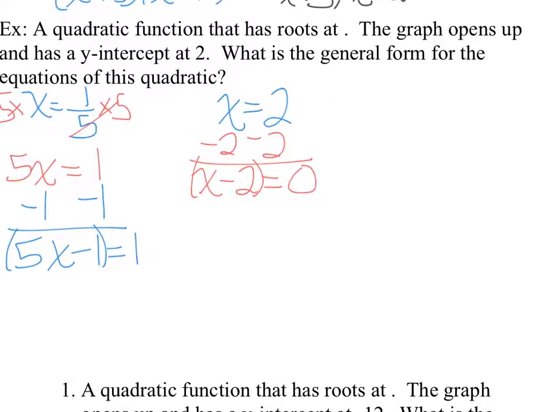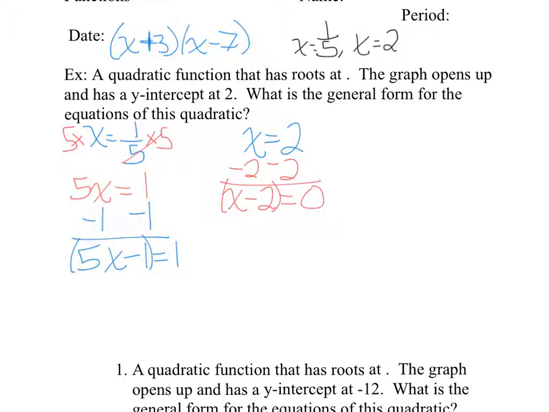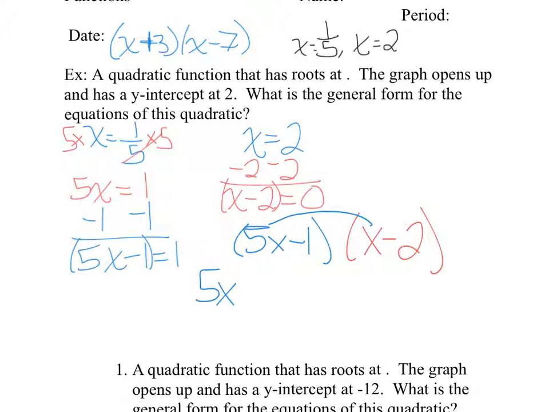Okay, so let me see if I can get enough room here to get this done. So we've got 5x minus 1. We've got x minus 2. All right, so 5x times x gives us 5x squared. 5x times negative 2 gives us negative 10x.